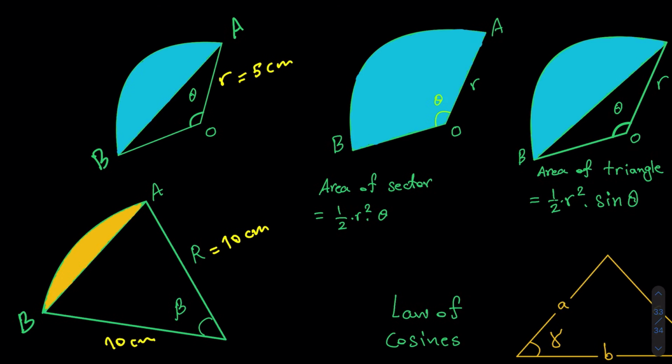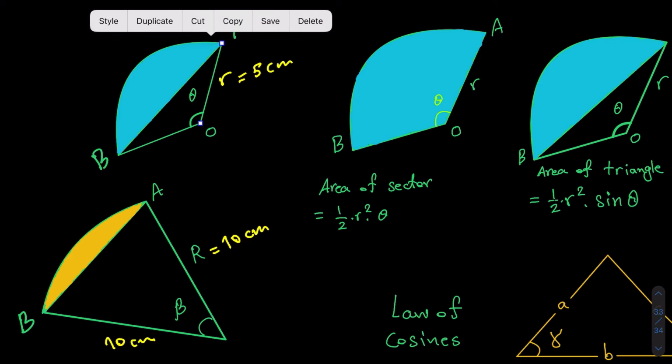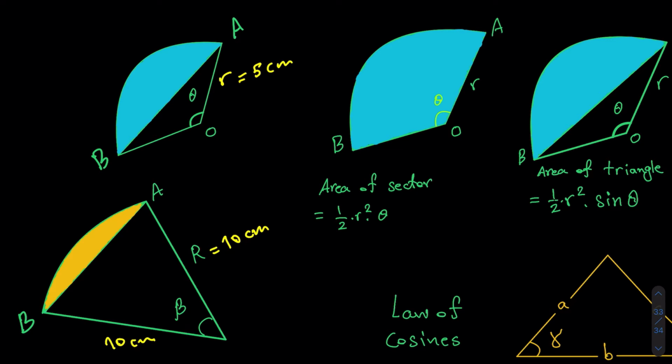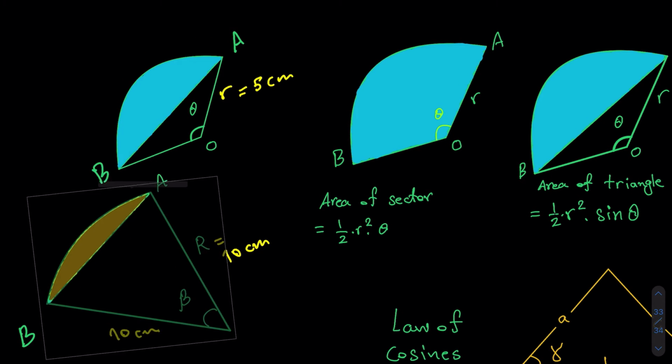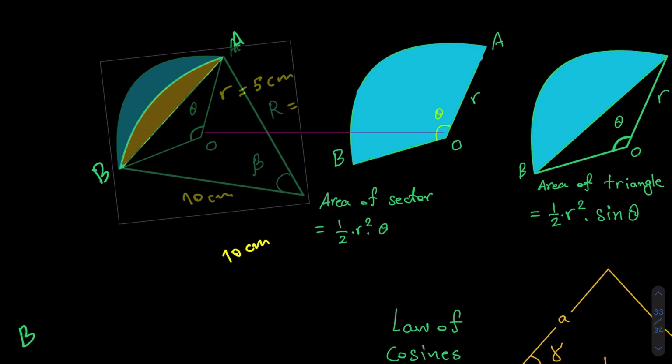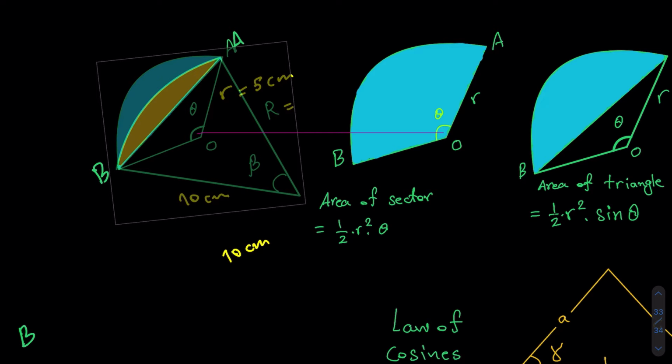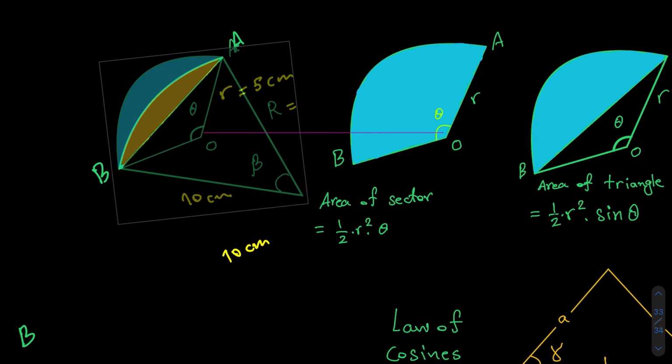Now, if I take this yellow color sector and put it so that it overlaps 100% with this blue color sector, then you will see that there is a part left, the blue part.